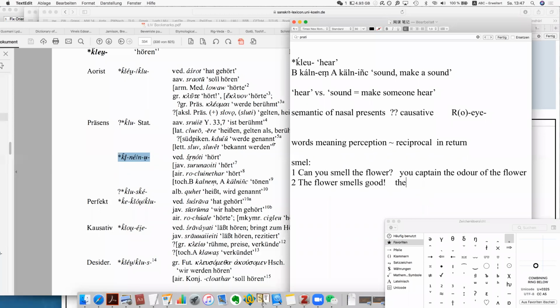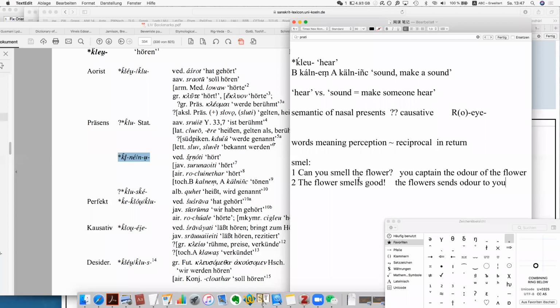Actually, it means that the flower sends odor to you, right? To you, yeah. So this is actually an example to explain words meaning perception can be reciprocal.